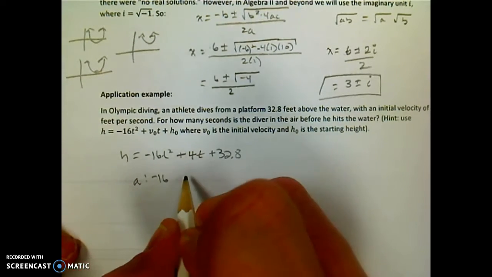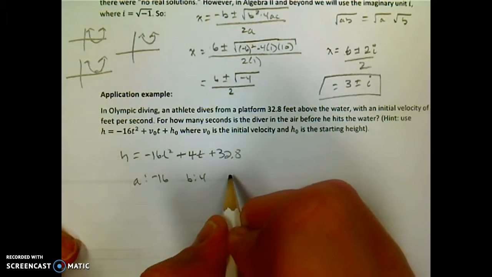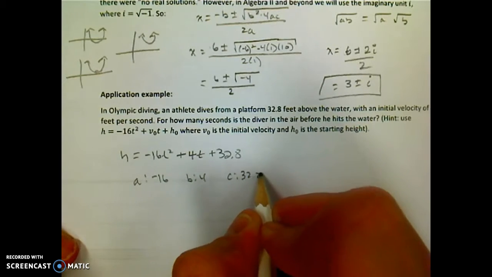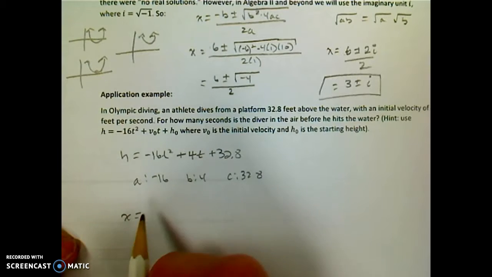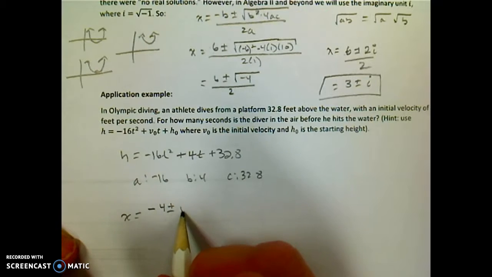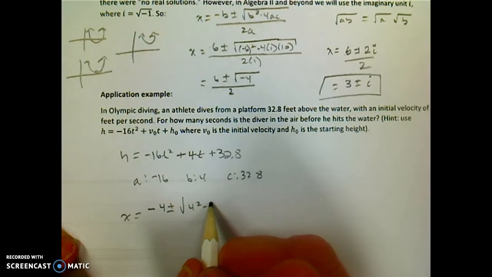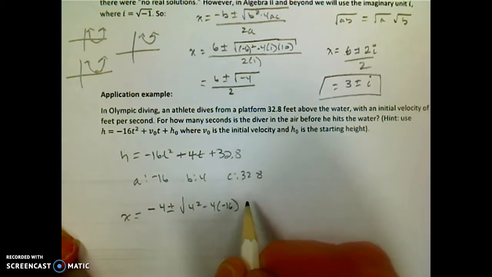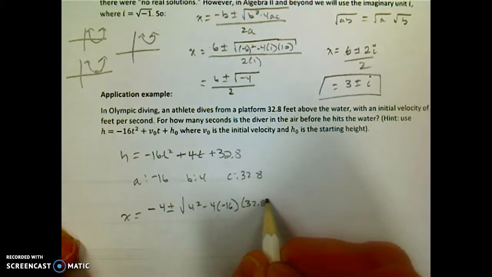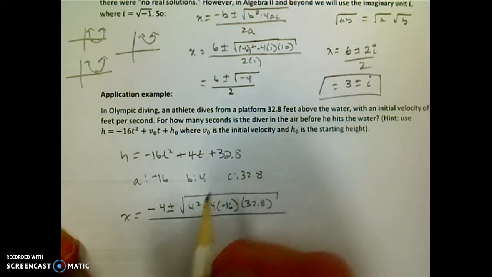A is negative 16, b is 4, c is 32.8. Let's set this up. Negative 4 plus or minus the square root of 4 squared minus 4 times negative 16 times 32.8, all that under the radical, over 2 times negative 16.